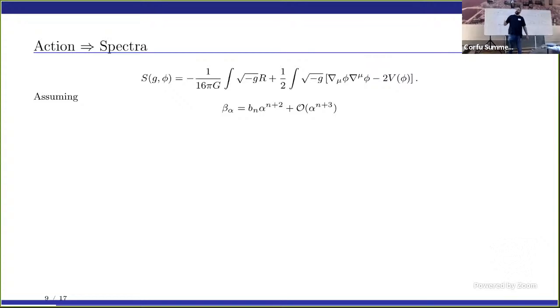Then we see this other way of approaching, which is a bit more general. So you start from an action. Now I'm showing you the case of a single field with a general potential. This can be extended to double field, multi-field in principle. So if you start with this very general action, so just Einstein gravity plus a scalar with a potential, then we assume that the beta is of order n, of class n, so we can study altogether all the potentials.